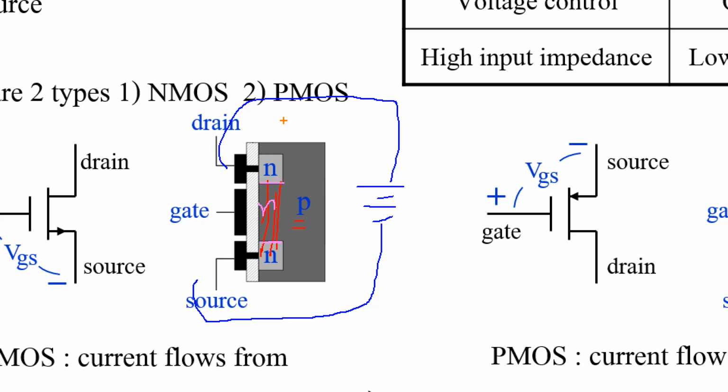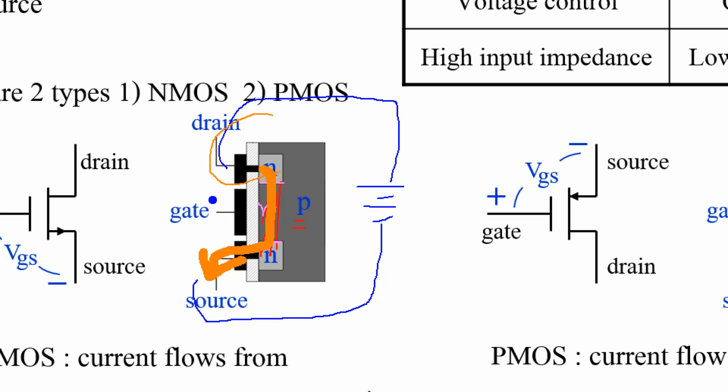Current can flow from the drain to this N channel. It's called the N channel. This path can conduct current.